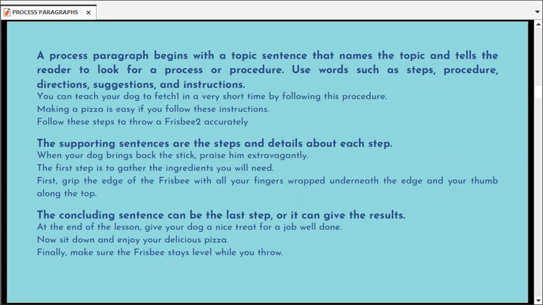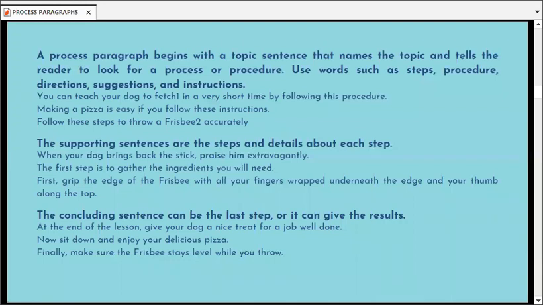You can teach your dog to fetch in a very short time by following this procedure. Making a pizza is easy if you follow this instruction. Follow these steps to throw a frisbee accurately. The supporting sentences are the steps and details about each step.